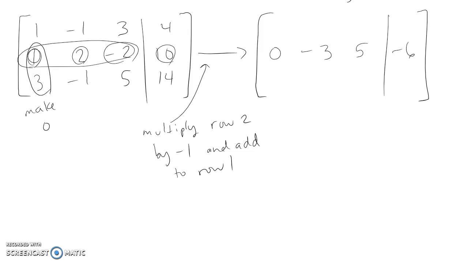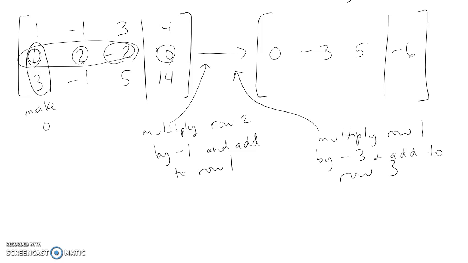And I'm going to do another thing at the same time for row 3. I'm going to multiply row 1 this time by -3 and add to row 3. It doesn't matter, I could have used row 2. That's going to give me my new row 3.